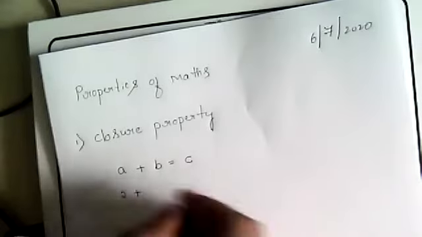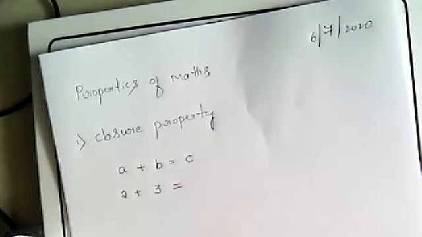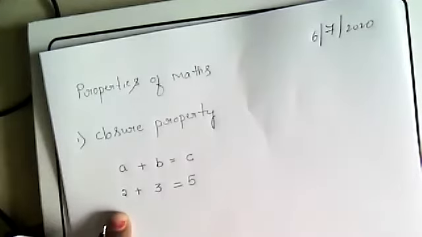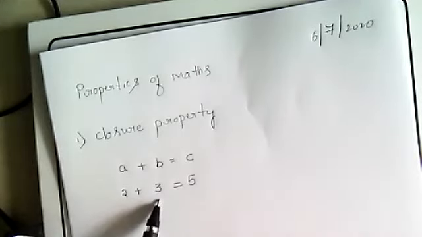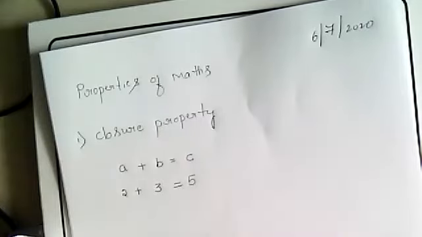In the place of B, I'll write 3. So 2 plus 3, how much? 5, correct? So 2 is a whole number, 3 is a whole number, and 5 is also a whole number. When we add two whole numbers, the result will always be a whole number.